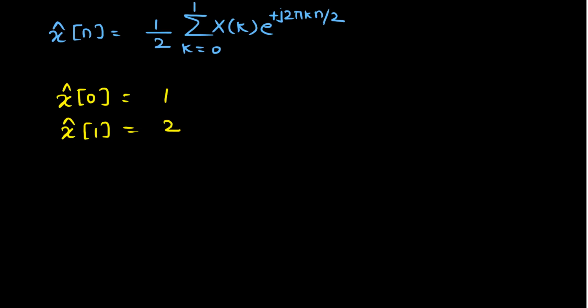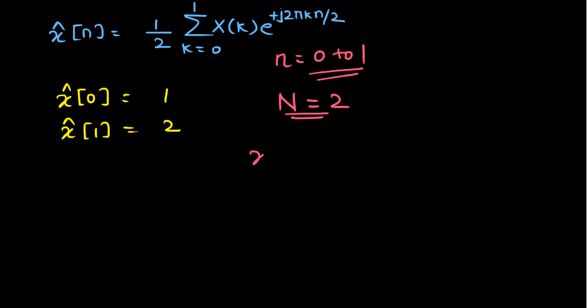When we substitute the values, we get x hat of 0 as 1 and x hat of 1 as 2. Now this n is ranging from 0 to 1 only, which means we are not going to find the value for n equal to 2 and n equal to 3, because we had considered this N as 2.